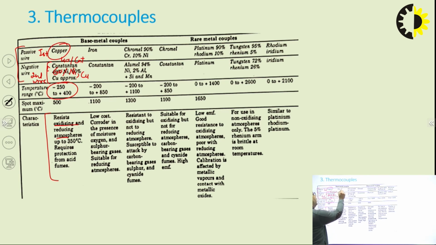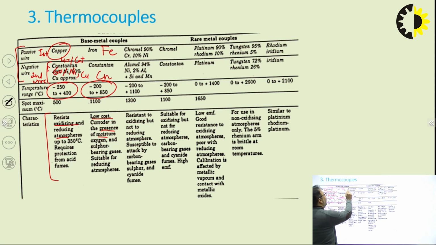Second is the iron and constantan combination. It can measure temperature in the range from -200 to 850 degrees centigrade. It has low cost and is least affected by moisture and oxygen.